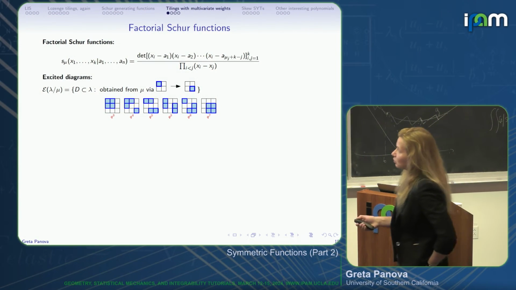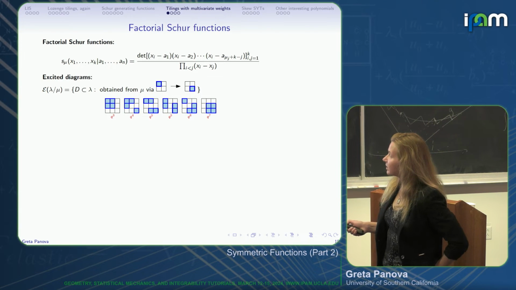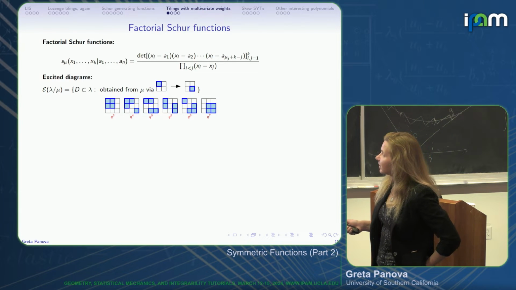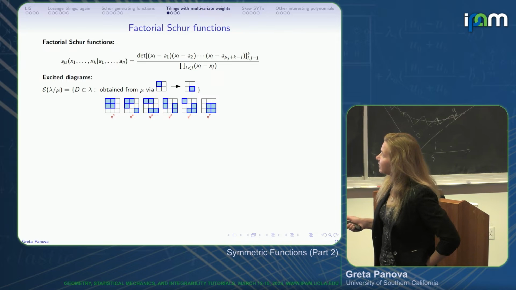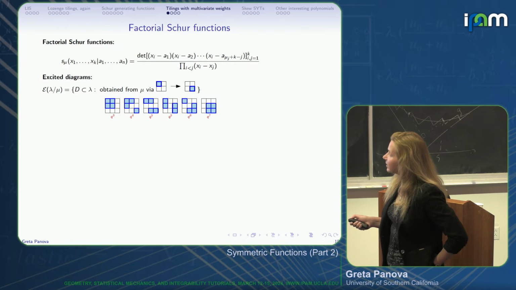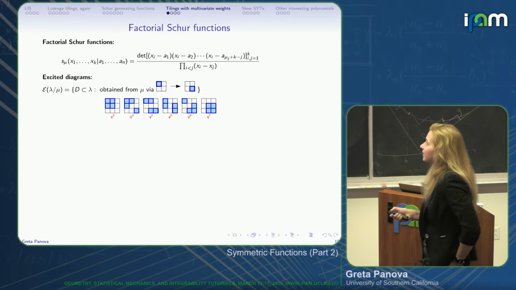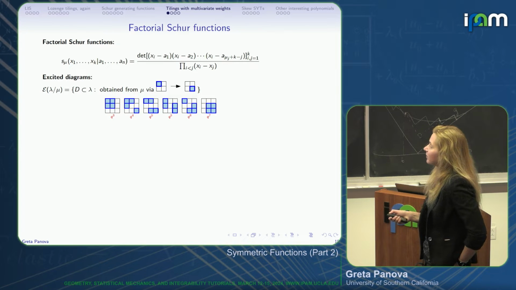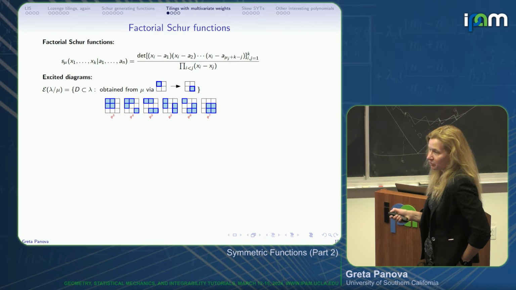To tell you, I'll have to define these funny objects called excited diagrams. They're a relatively new invention. So we have a big shape, lambda, and a small shape, mu, the blue stuff. And we're going to slide these blue boxes along the diagonal as long as everything there is empty of blue boxes.